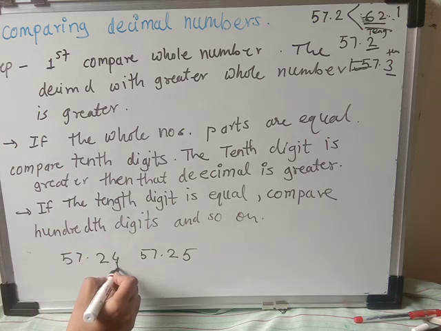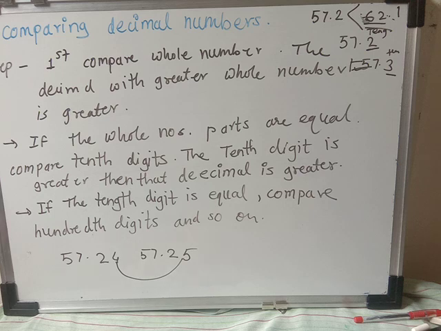If we compare the hundredths place, 4 and 5 is there, which one is the number where the hundredths place is more? That is 5. It means this number is greater. So simple way we have to find out which one is greater, which one is smaller. We have to compare their tenths, hundredths and thousandths digits and so on. If more than thousandths digits are there after the decimal, you have to go like that.